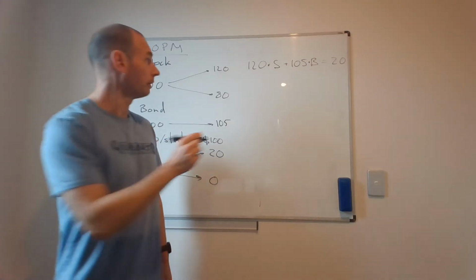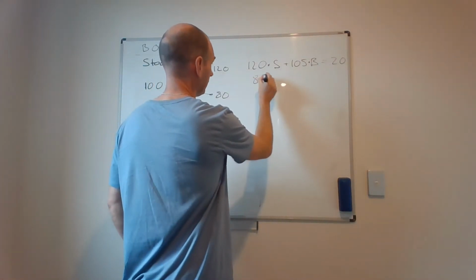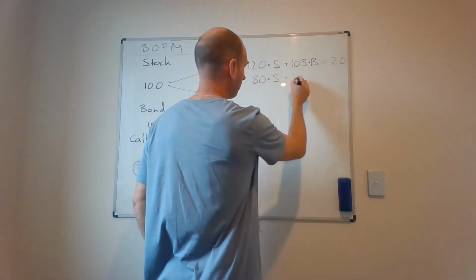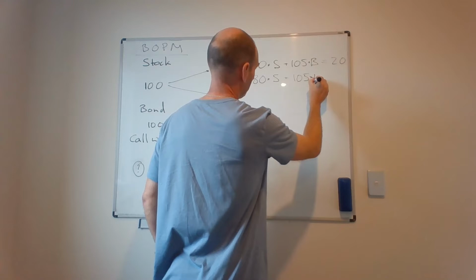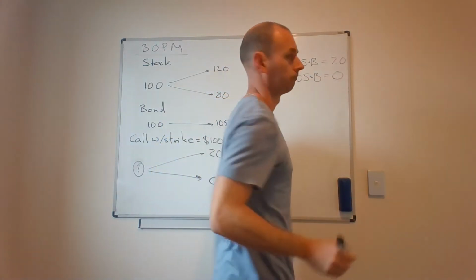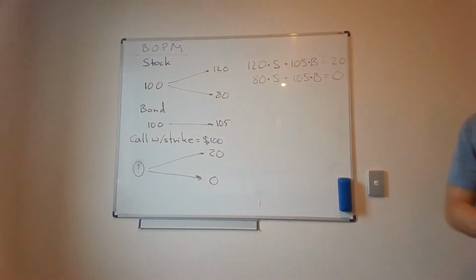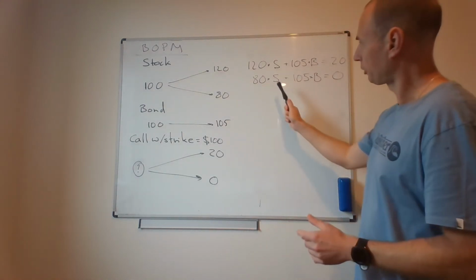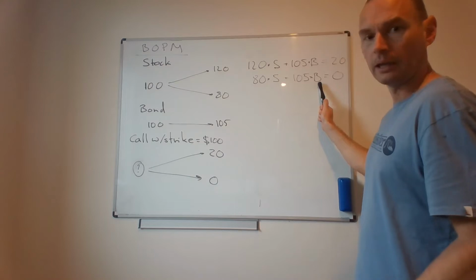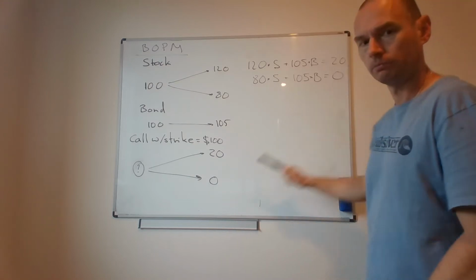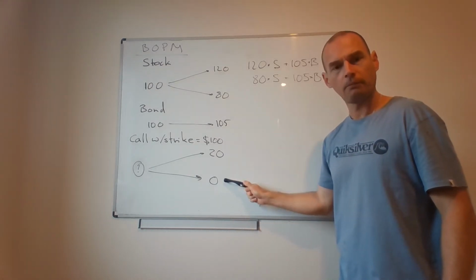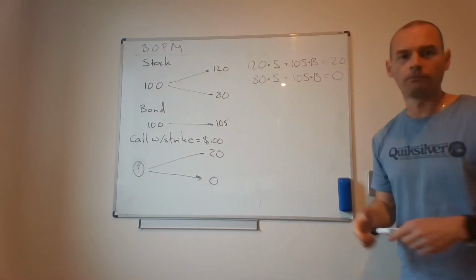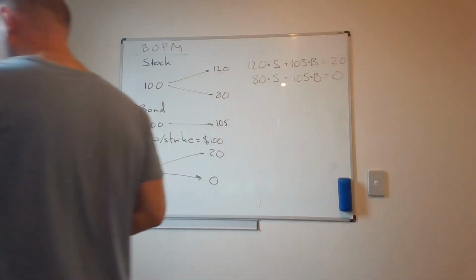In a bad state, I have 80 times S, plus B is still 105, it's risk-free, equals 0. Okay, easy. I create what I call a replicating portfolio. I create a portfolio with a stock and a bond that will give me the same payoffs as my call option. And now we have two equations with two unknowns, so that's an easy enough problem to solve.